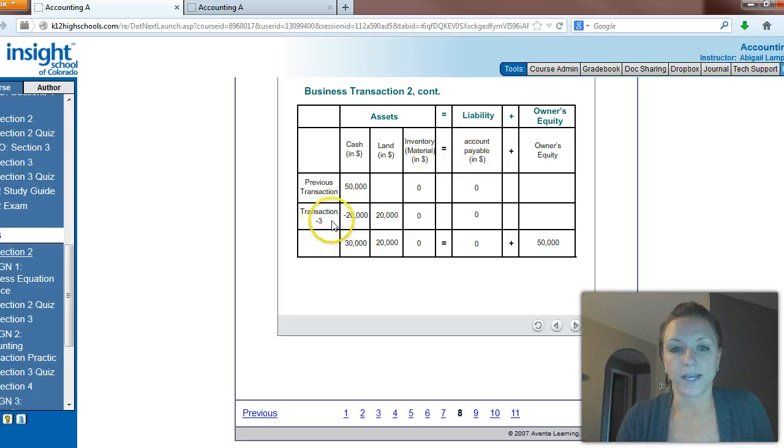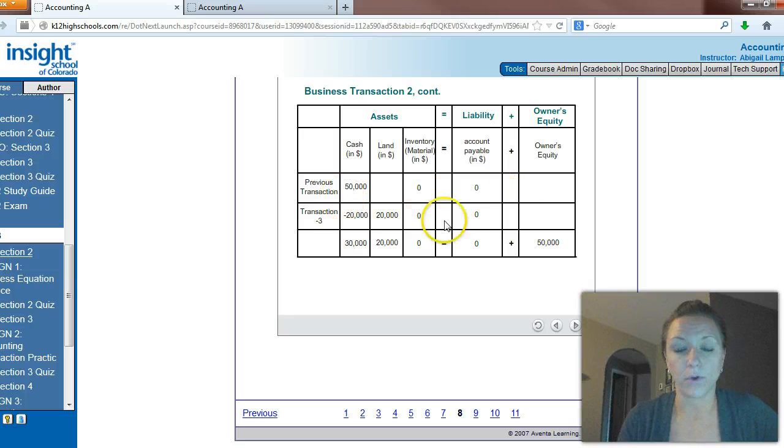And so this next transaction with the land, we paid $20,000 for it, so you'll see that negative sign under the cash column. So we spent $20,000, we're just taking out $20,000 from our cash, and it's going towards our land. So you'll see both of these are an asset. So they're both under the assets columns, and we're subtracting it out of one and adding it into the other, still keeping our full equation balanced.